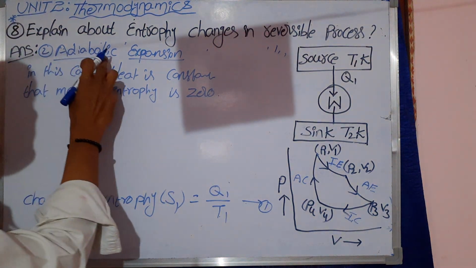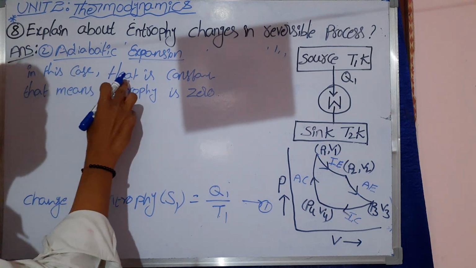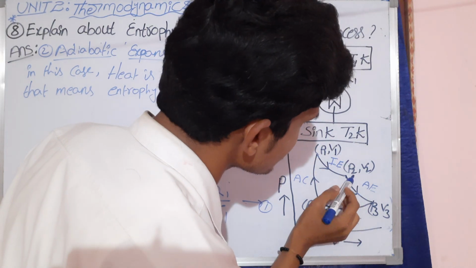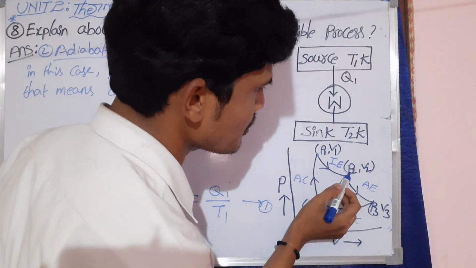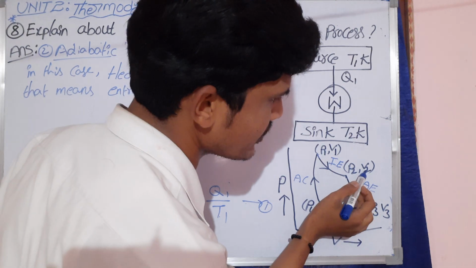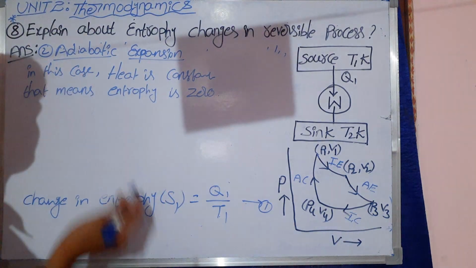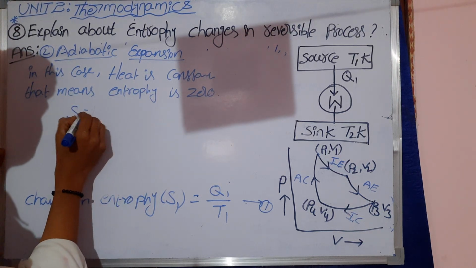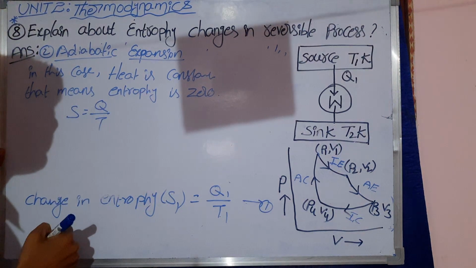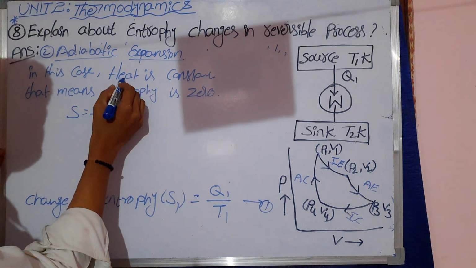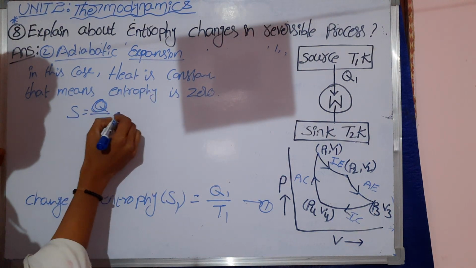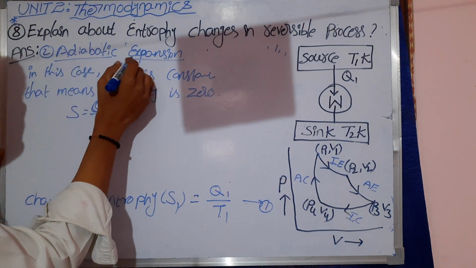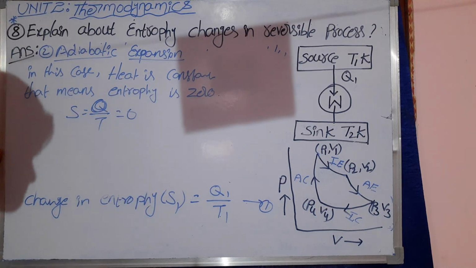Adiabatic means heat is constant, remaining variables are changed: pressure P2 to P3, volume V2 to V3. The formula of entropy is S equals Q by T. Heat is constant, Q equals 0, so S equals 0. So in adiabatic expansion, the entropy change is 0.